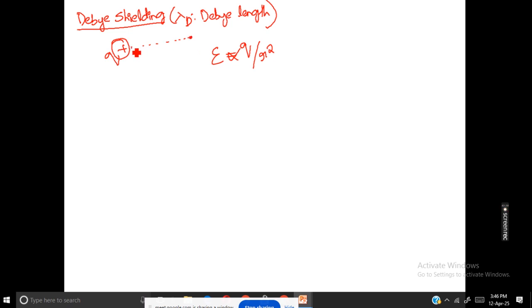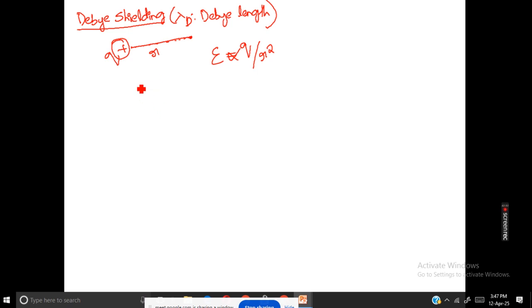At this point, we are finding the electric field. It will be inversely proportional to the square of the distance between the charge and that particular point. So basically, it decreases by 1 by r square. It will decay very fast. At whatever distance we take, we will have an electric field associated with this particular charge.